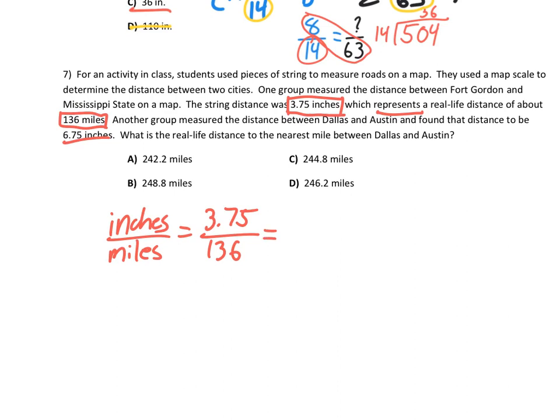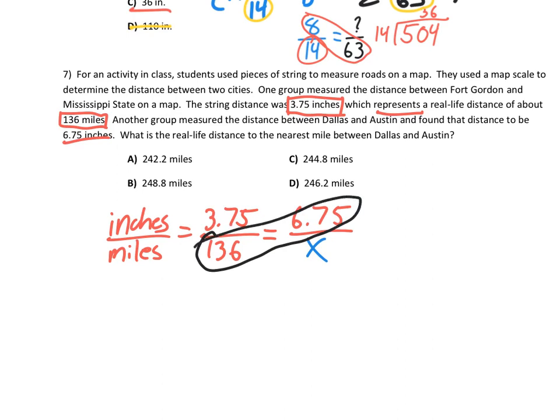So that group, they measure their distance on their little map between Dallas and Austin of 6.75 inches. Well, that goes up top with our inches. And what we want to know is that distance right there, the actual distance between Dallas and Austin in miles. So again, it's cross-multiply, divide by the lonely guy. No lie, these numbers are pretty rough. So they're going to have some work to put in on this one.